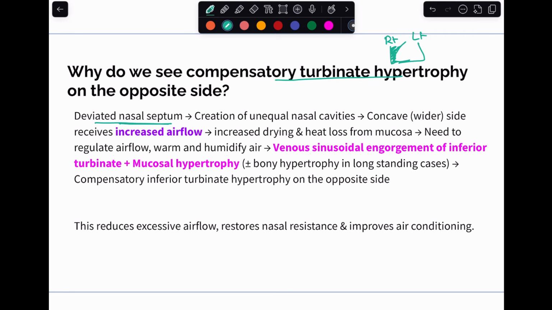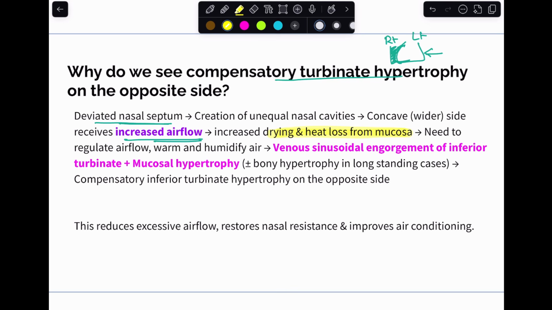As a result, the concave side, the left side over here, is now the wider side, so it is receiving more airflow. The right side is not able to receive as much airflow. Most of the airflow is entering on the left side of the nasal cavity. Because of this increased airflow, there is increased drying and heat loss from the mucosa.